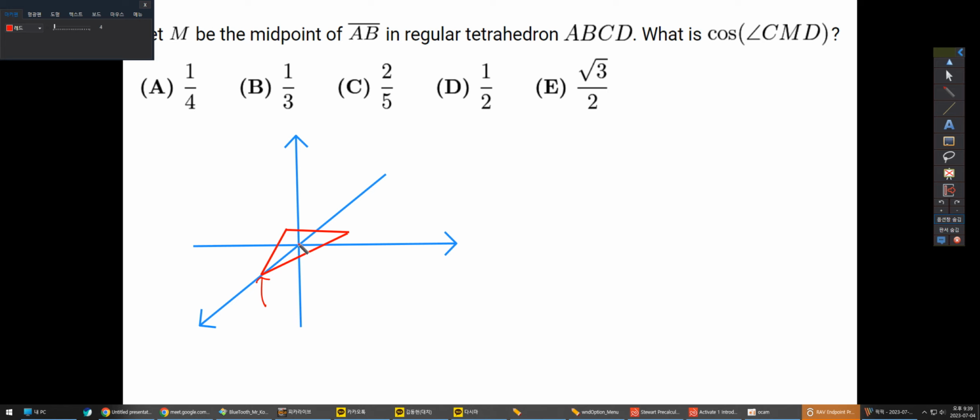That's the ratio. And this point, the center of the triangle, is 2/3 of the median, because the median length is 3 times the square root of 3. So this is the coordinate of the one vertex.